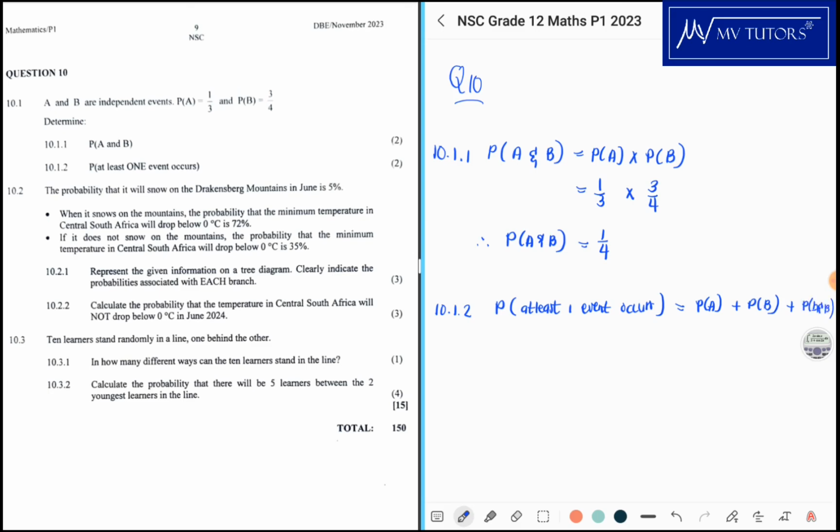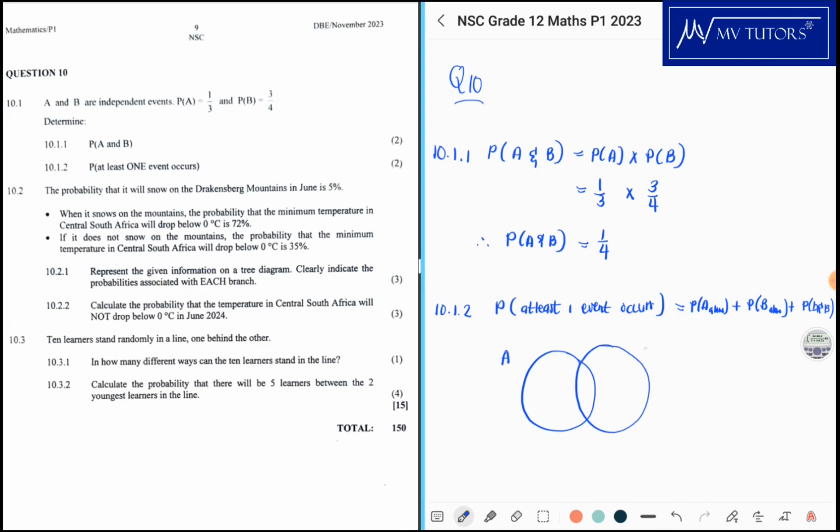Okay, that's how I look at it. So this is like probability of A alone, probability of B alone. And what do I mean by this? I think it will make more sense if I draw the Venn diagram.